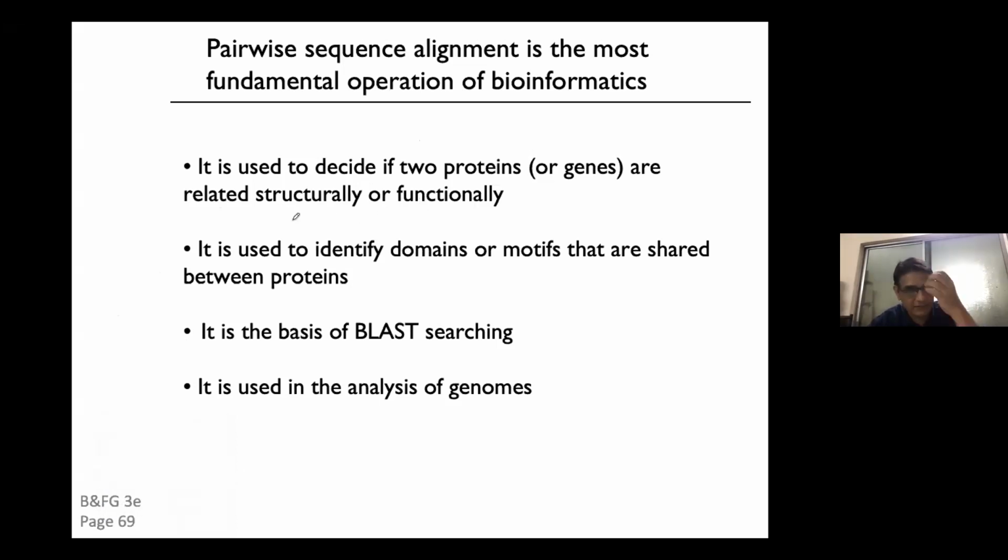So for example, if you're given a sequence and you want to find the structure or function of the protein or nucleotide sequence, you can compare that with a sequence which has a known structure and function. So this is your unknown sequence and this is the known sequence.